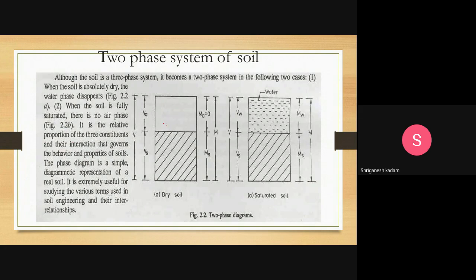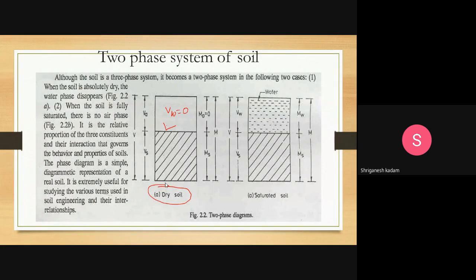In this diagram, you are not observing water. Okay, so here we can say that volume of water equal to 0. So when the volume of water equal to 0, the soil is in dry state. Okay, the soil is in dry state when volume of water equal to 0.